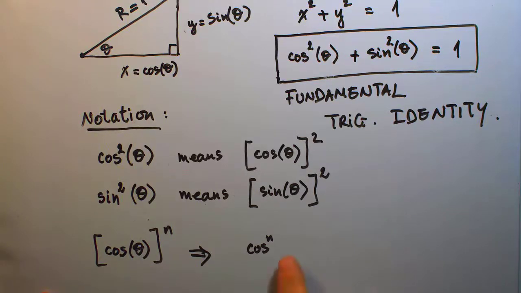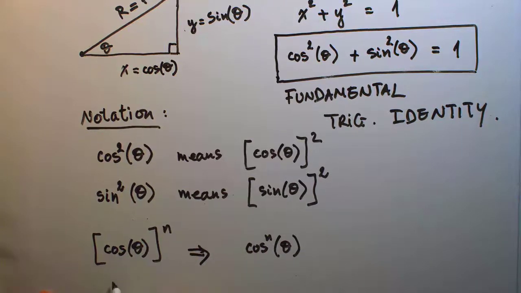The power is indicated as a superscript right next to the trig function notation itself. And then we indicate the input variable. So similarly, sine of theta being raised to some high power n, we reduce all that into a nice convenient symbol, sine to the n of theta.